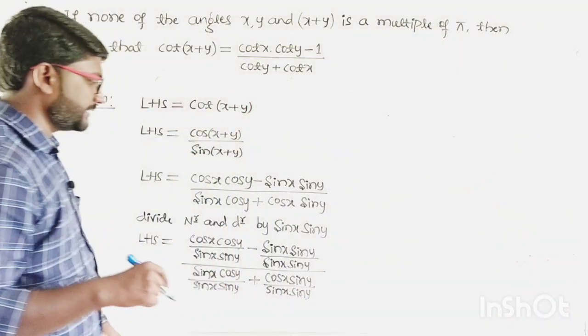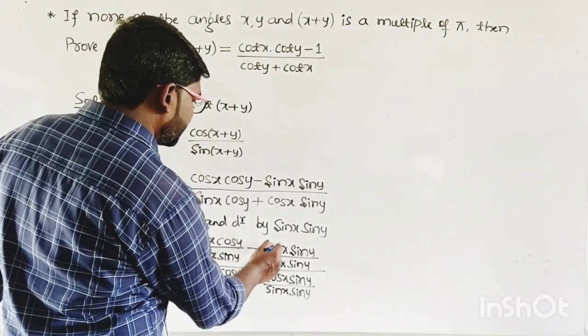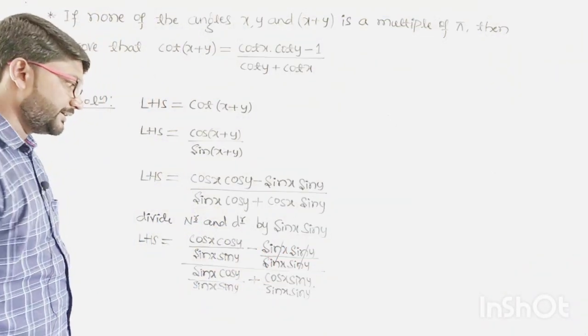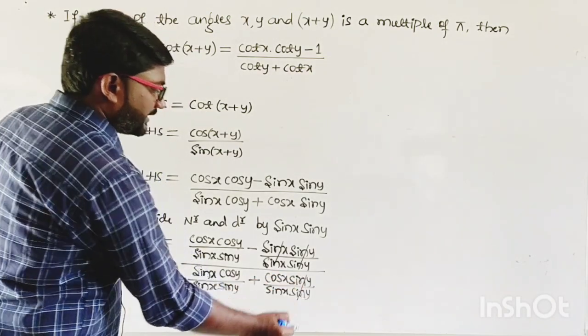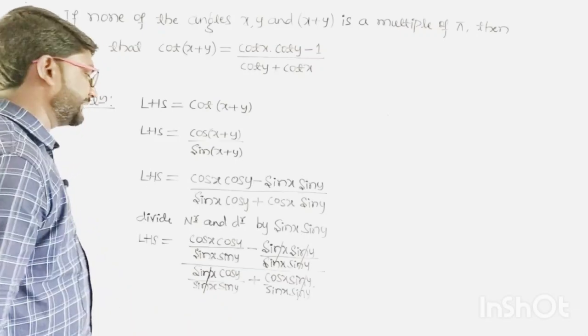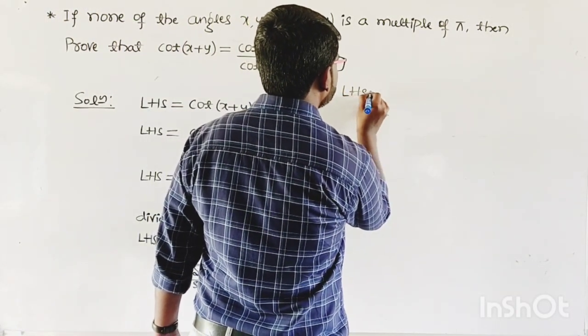Let us simplify this further. See here, sin x and sin x get cancelled, sin y and sin y get cancelled. Here sin y gets cancelled, and here sin x and sin x get cancelled. So let us write the remaining terms.